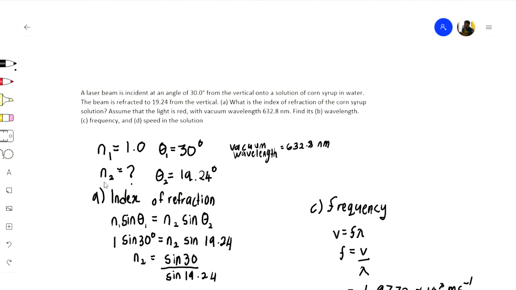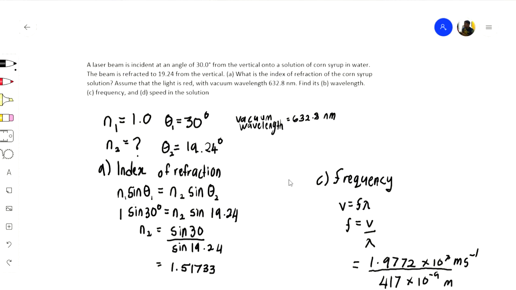However, we don't have the index of refraction for corn syrup, but we have the refracted angle, 19.24 degrees. And we also have the vacuum wavelength, 632.8 nanometer.